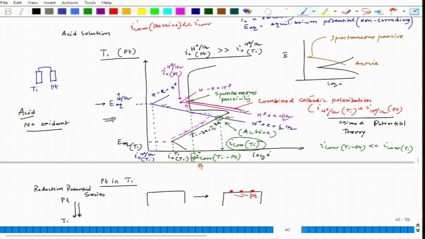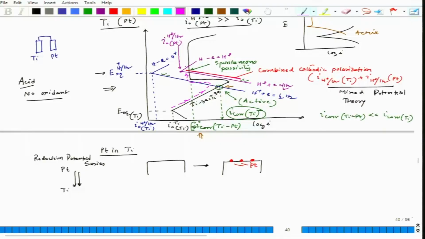Initially it will have a fairly good amount of corrosion, but it will happen for a moment, and then once it reaches that particular passive point, the point of spontaneous passivity, we will see that the dissolution rate will go down to a great extent.